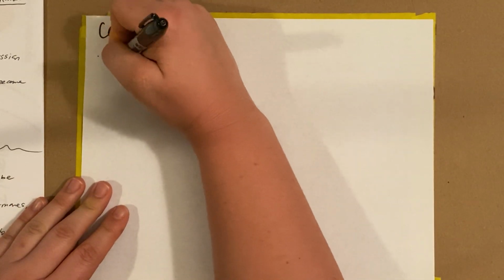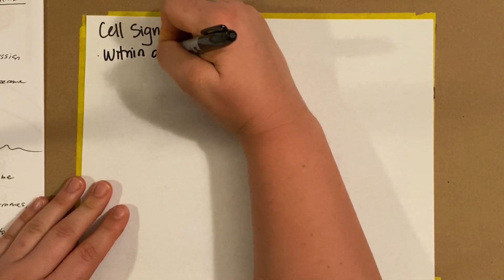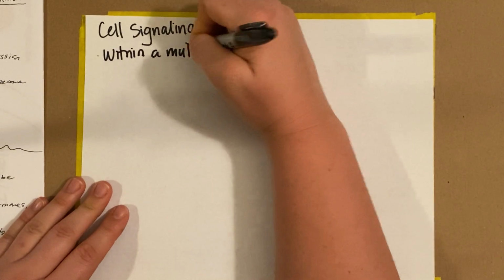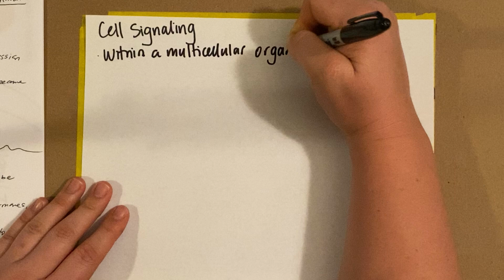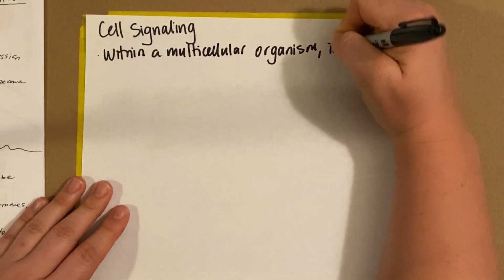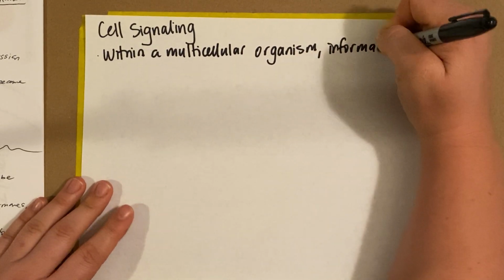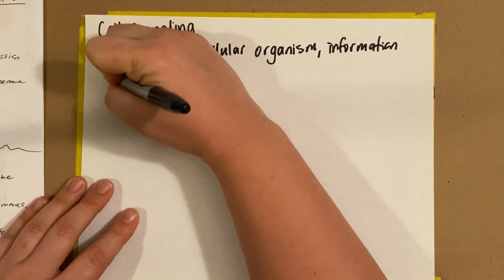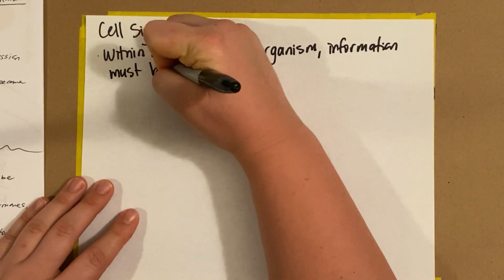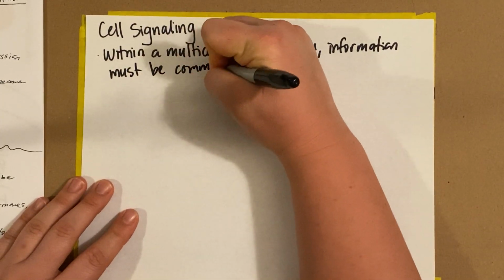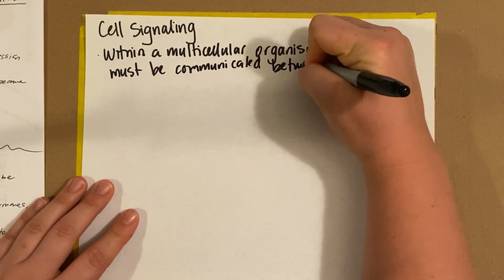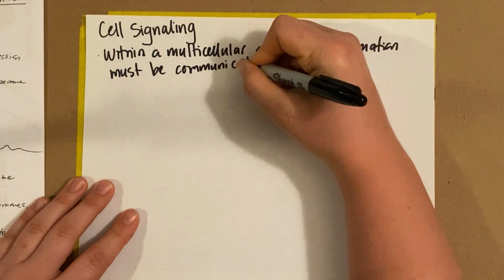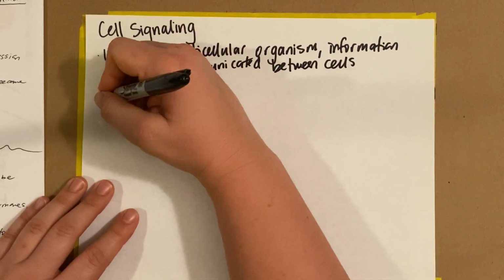So let me just say, within a multicellular organism, information must be communicated between cells. Okay?